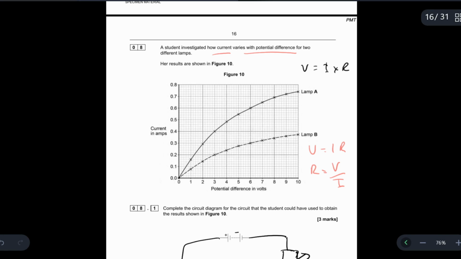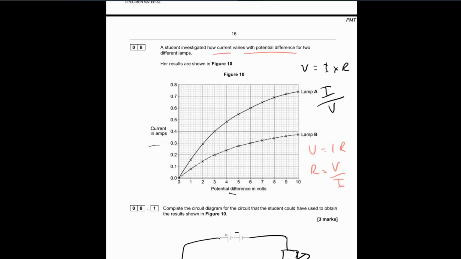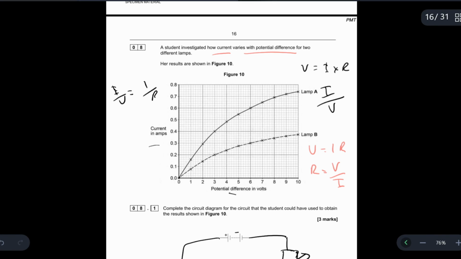So if you plot a graph of current against voltage, your gradient will be equal to I over V, which is essentially equal to 1 over your resistance. If your resistance is constant, then this whole value will be constant, which means your current over your voltage should be constant, and that is the same as your gradient.